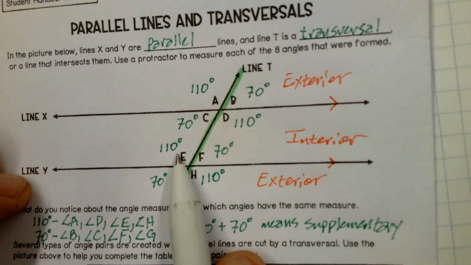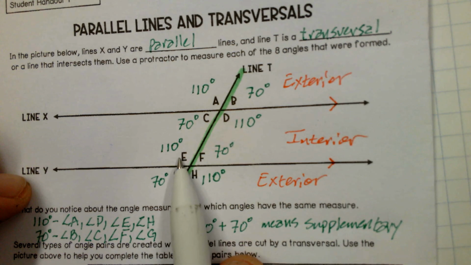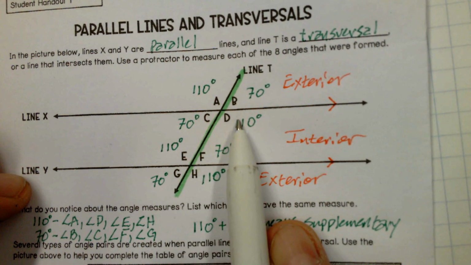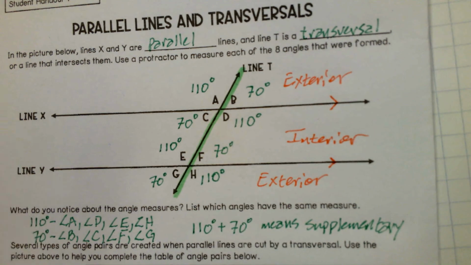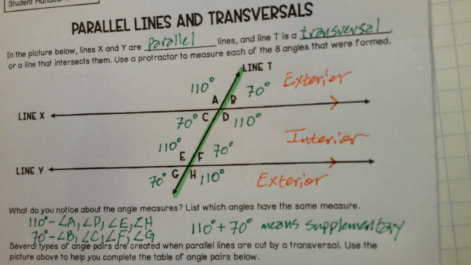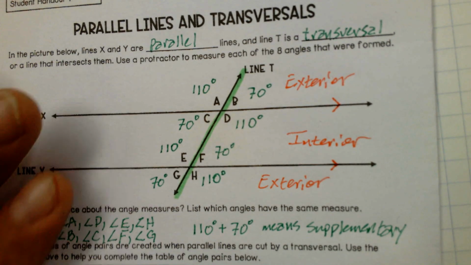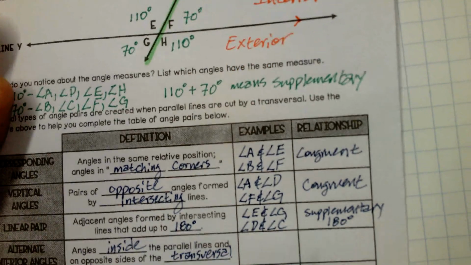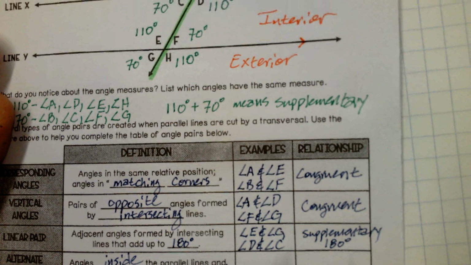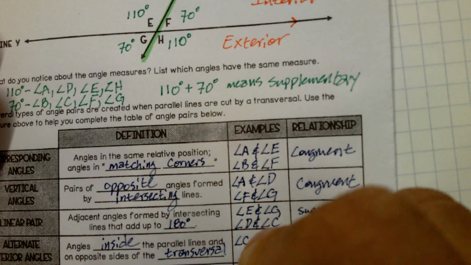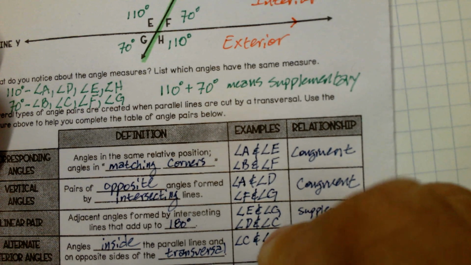They're both on the inside, but they're on opposite sides of the transversal. One's down here and it's 110. One's over here and it's 110. These are called alternate interior. They have to be inside, but on different sides of this transversal line and have to be the same size. Okay? So let's write those down. We said angle C and F is one pair.